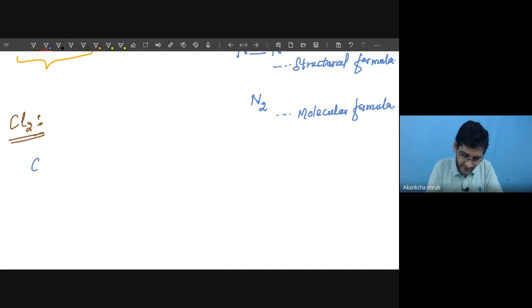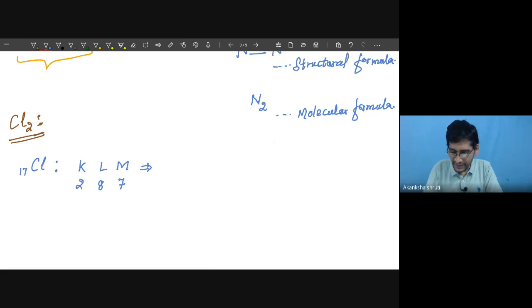Here, chlorine has atomic number 17. So the electronic configuration is K, L and M. K can contain a maximum of 2, so 2 is okay. L can contain a maximum of 8, so that makes 10, and 7 more remain, so this 7 is here.